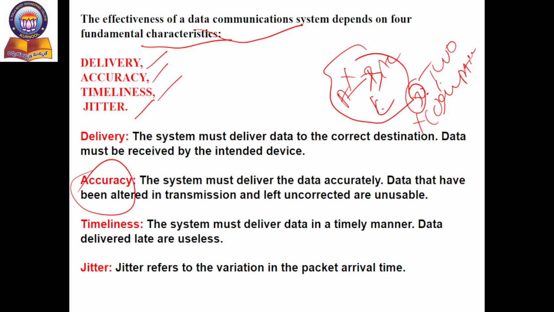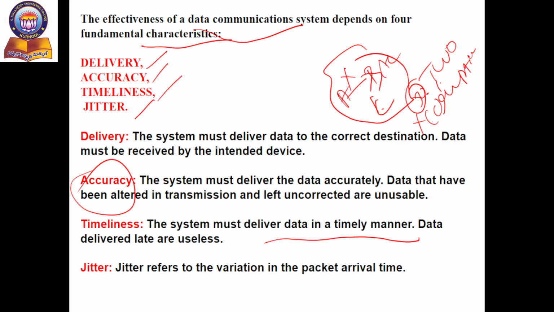So the system must deliver the data accurately to the destination system. That is our main goal here. And timeliness means the system must deliver the data in a timely manner. Suppose the system sends the message to the destination system after 1 hour, it doesn't help.